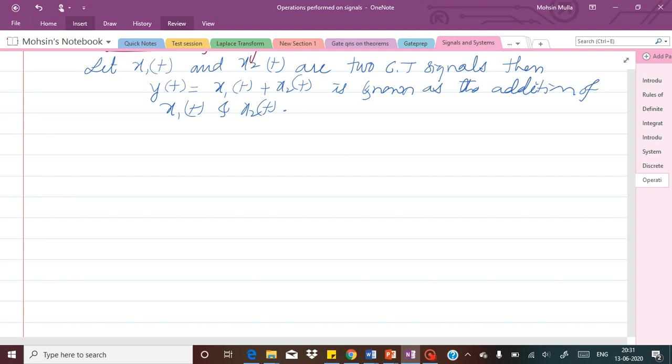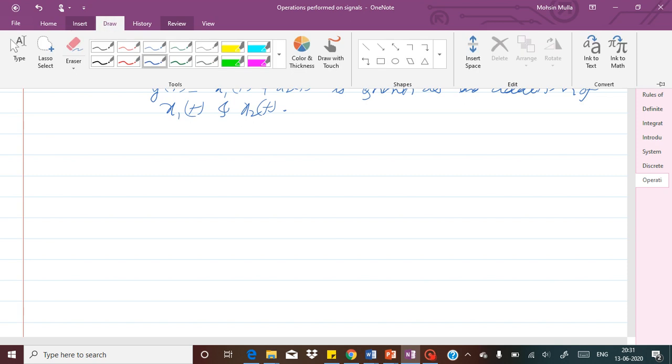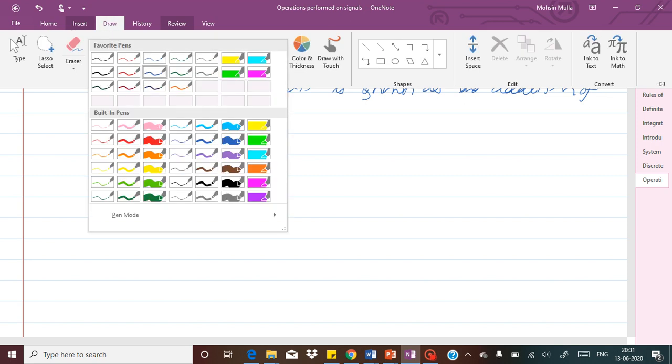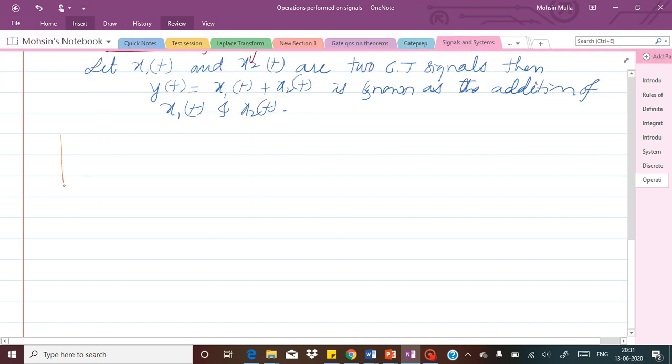If I want to represent that with an example, let me take two different signals. I'm going to use a very simple block here. Say this is the first signal, having magnitude of 1 between instant 0 to 2, and let this signal be x1 of t.